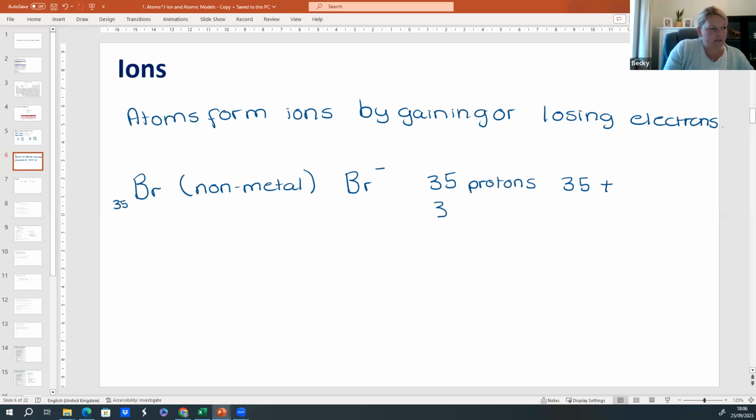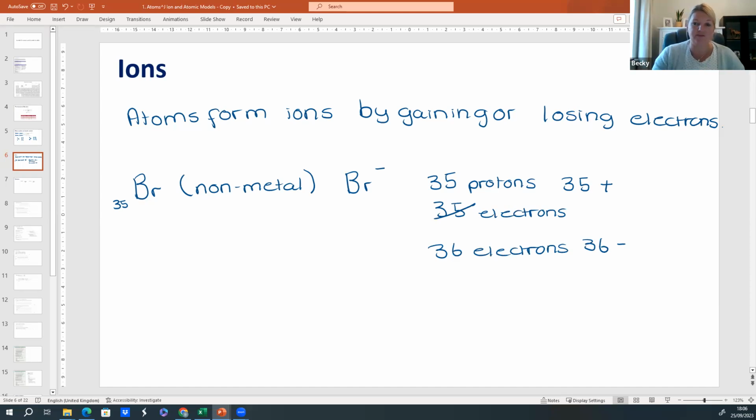And as the atom, it's got 35 electrons. But now it's accepted an electron, we've now got 36 electrons. So we've got 36 negative charges, and therefore we've got that overall negative charge.